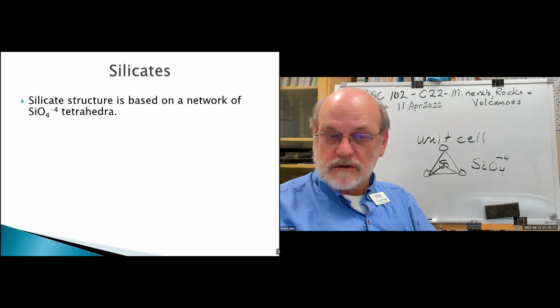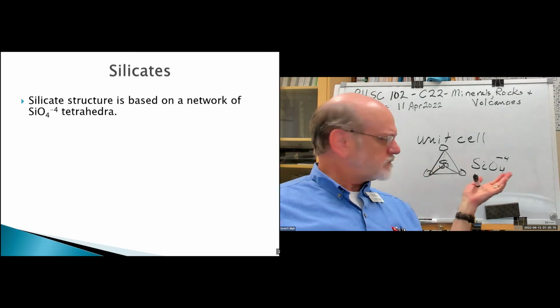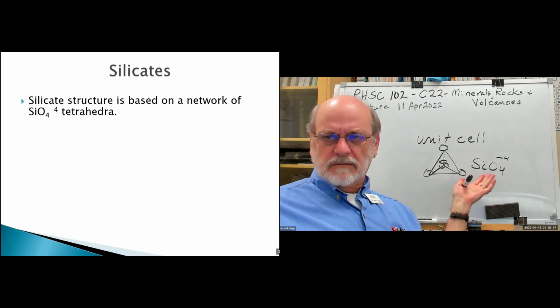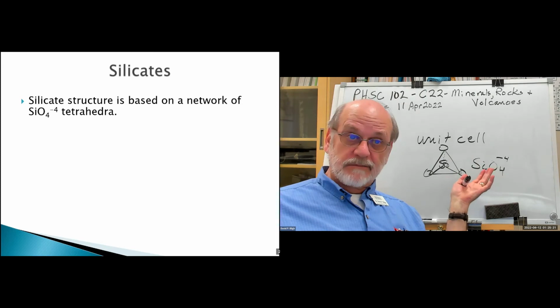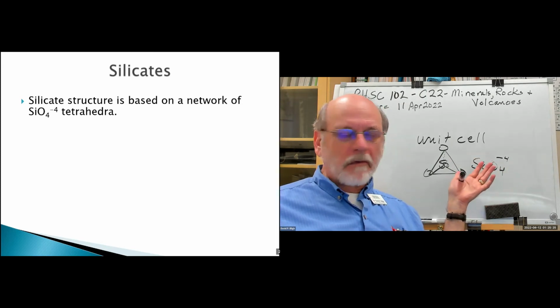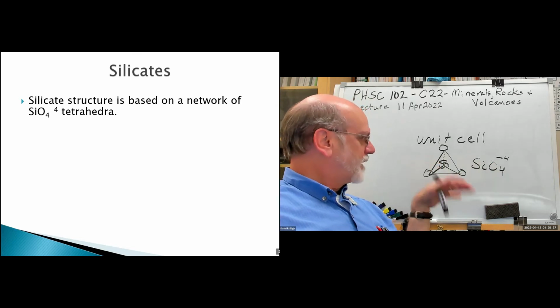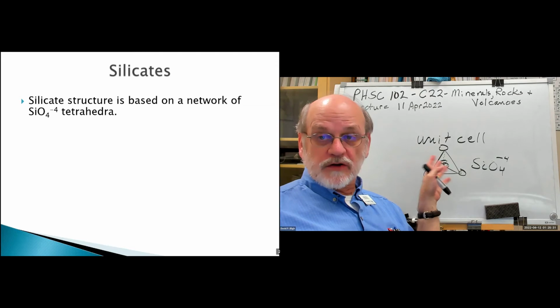It has a charge, right? And typically, chemical compounds are neutral. So what this means is that unit cell has a charge of -4.